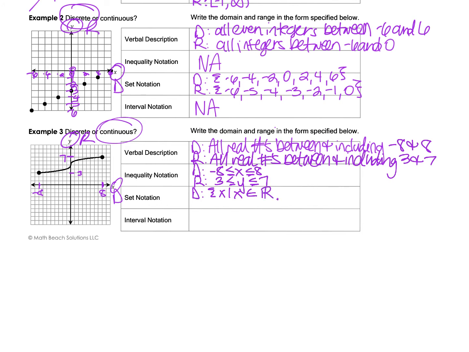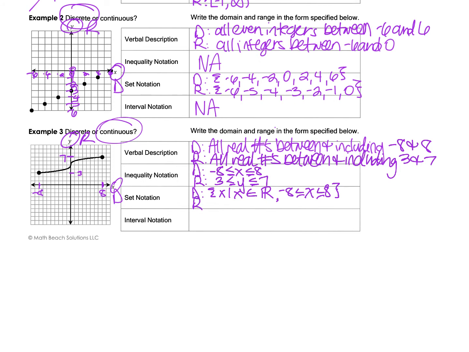Put a comma and then x. Your inequality, -8 between -8 and +8, and it includes it. So all real numbers between -8 and 8 is what that means.